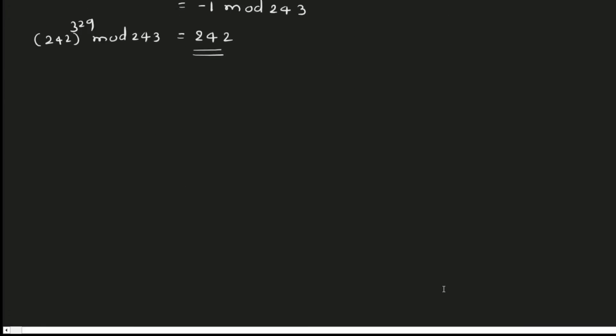If you want, we'll check one more example. I will show you this one: 11 raised to 7 mod 13. Now, I will write it as 11 raised to 7 mod 13.